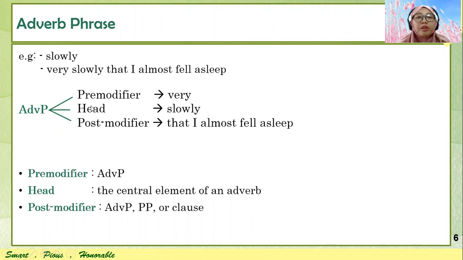It can also have only one premodifier and a head, or a head and only a post modifier. But the most important part is the head, of course, yeah. The premodifier here is very, and the head, of course, is in form of the adverb slowly, and then the post modifier that I almost fell asleep. This is in form of a clause.